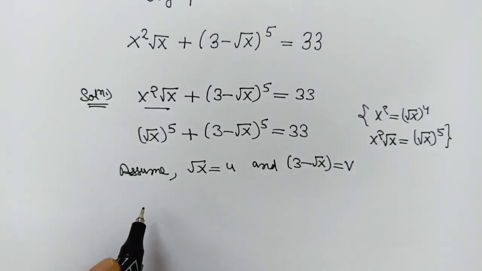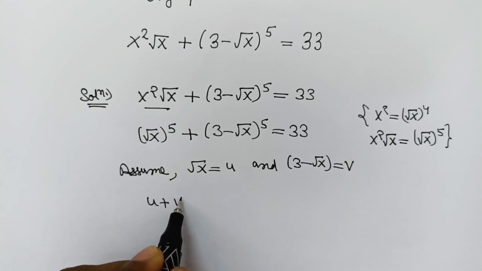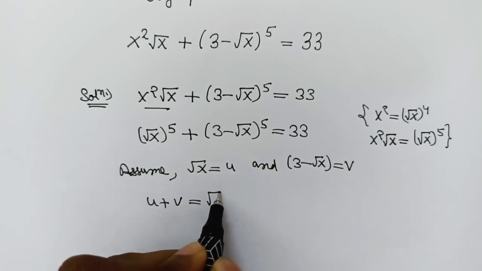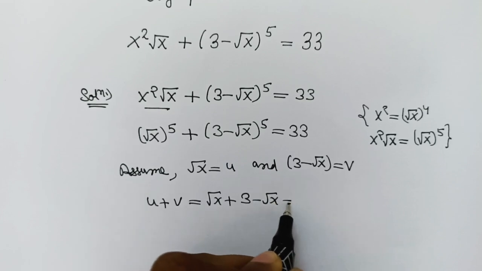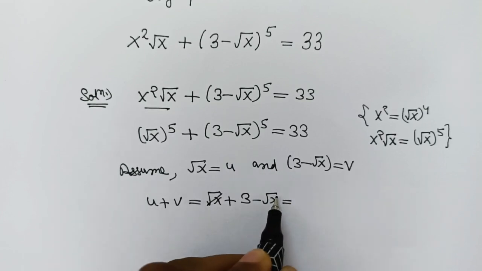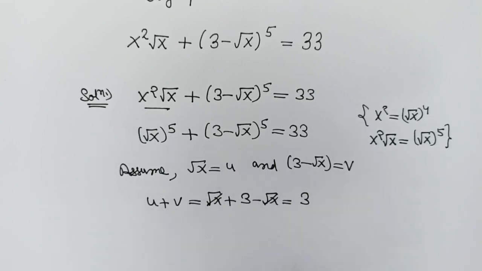The first relation is u + v, which is √x + 3 − √x. Since this value cancels out, we have 3. So u + v is equal to 3. Suppose this is equation number 1.